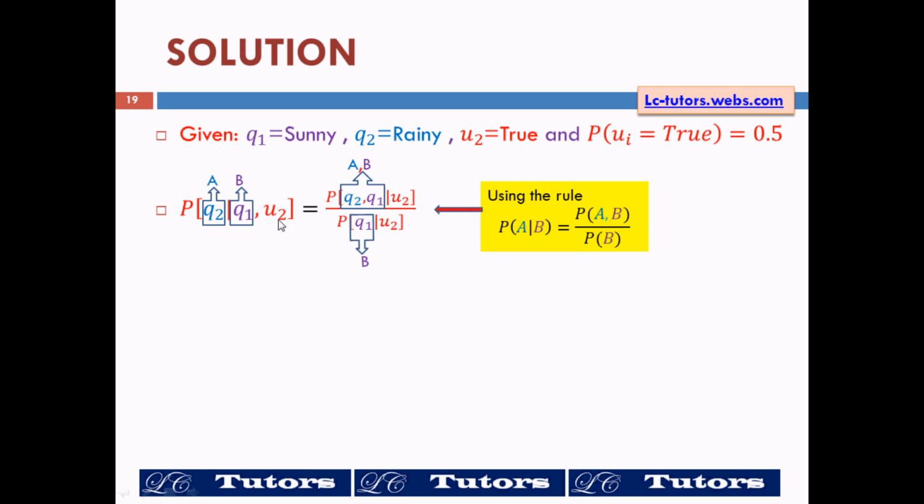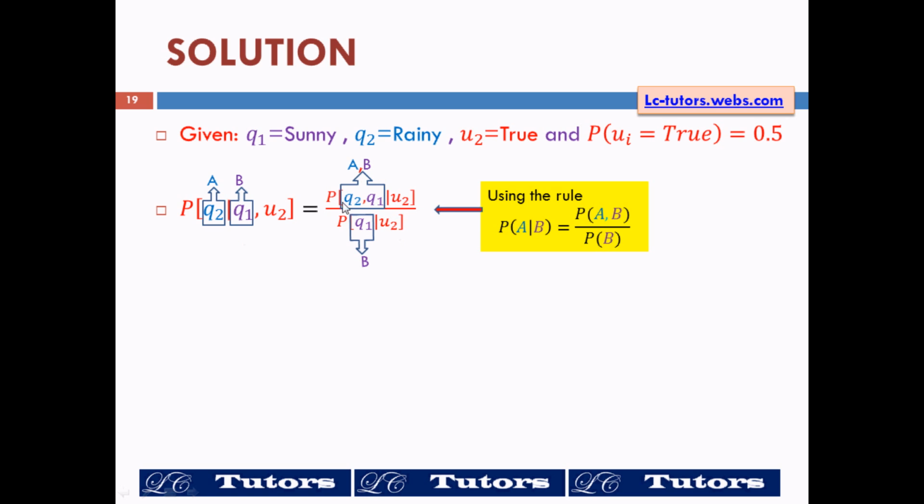So u2 is common here, basically the observation sequence, so please disregard u2 in this particular case because it is common to all these expressions. Basically we are considering only q2 and q1. So q2 is a, q1 is b, and a given b equals p of a comma b divided by p of b. We are going to simplify this expression to see whether we can substitute the known probabilities and calculate this value.